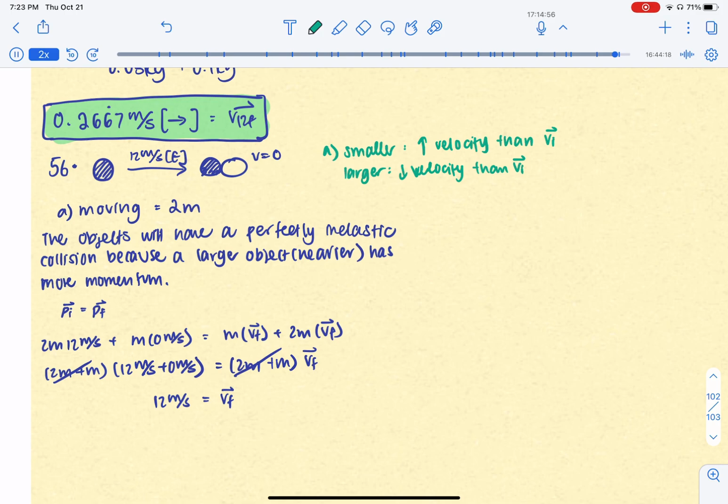And velocity final in the y direction of the car is equal to the velocity final in the y direction of the truck, which is 31 kilometers per hour sine. Everybody with me?